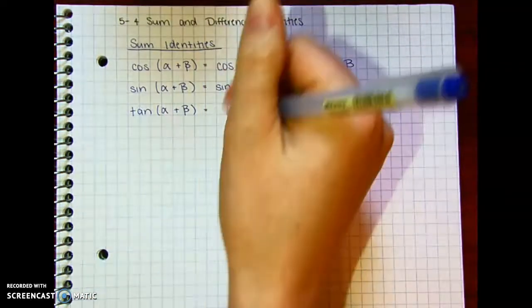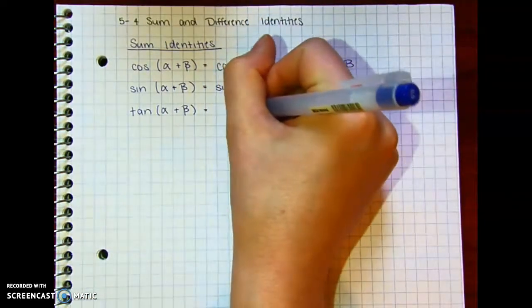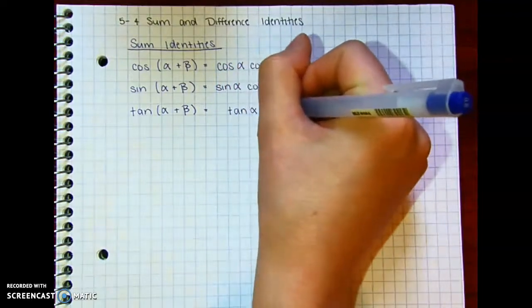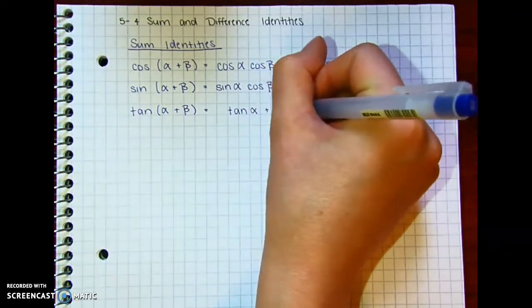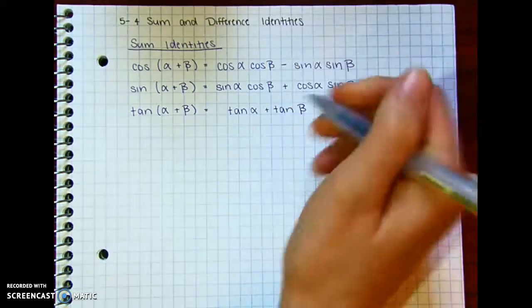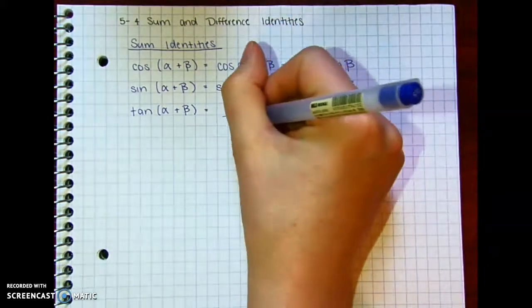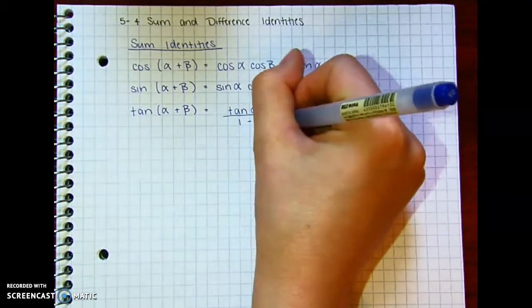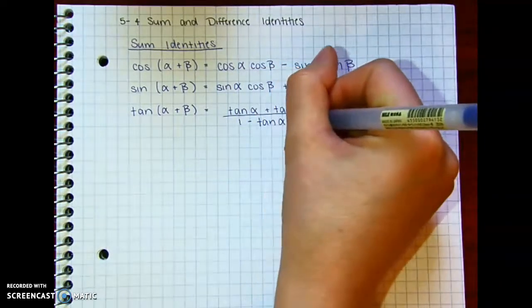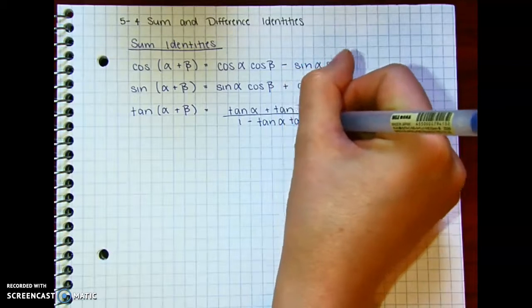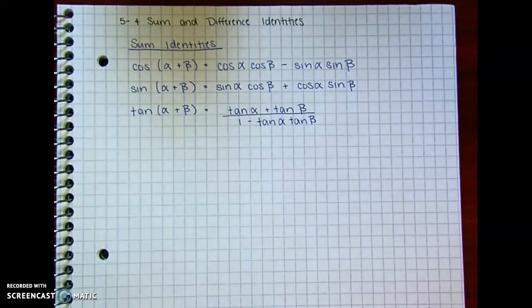And for tangent, it's going to be tangent of your first angle plus tangent of the second angle, divided by 1 minus tangent of the first angle times tangent of the second angle. Alright, so those are your 3 sum identities.